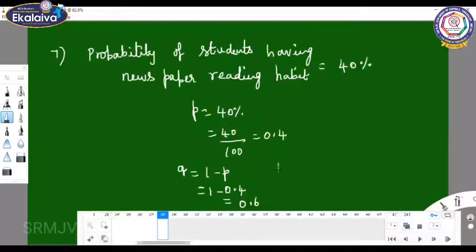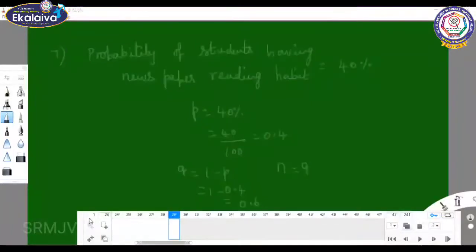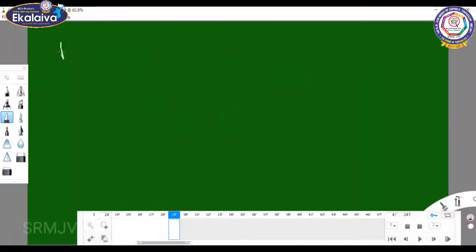What is the n value? N equal to 9. So in this, p equal to 0.4, q equal to 0.6, n equal to 9.